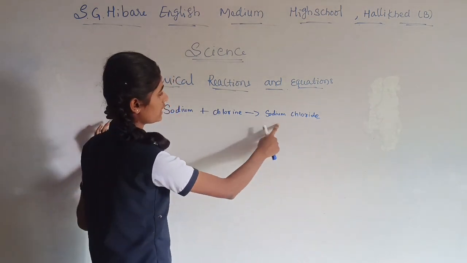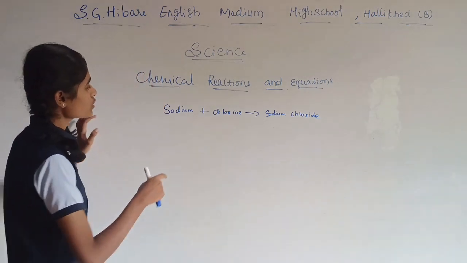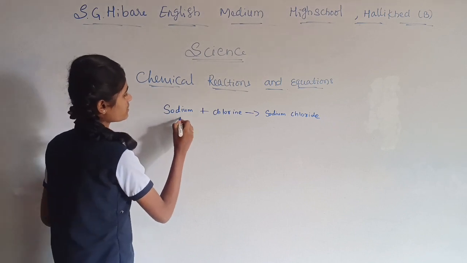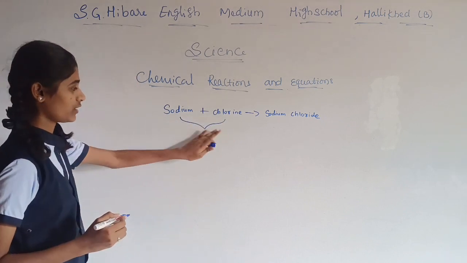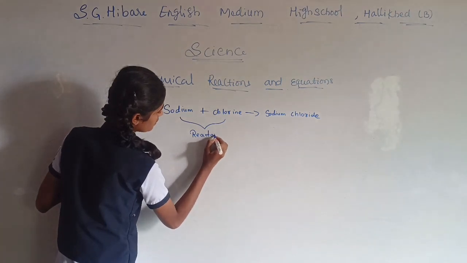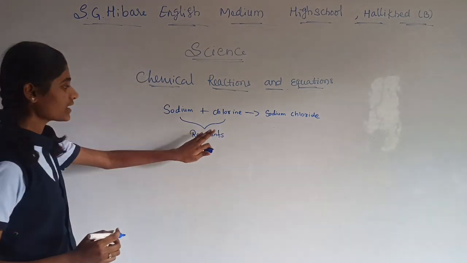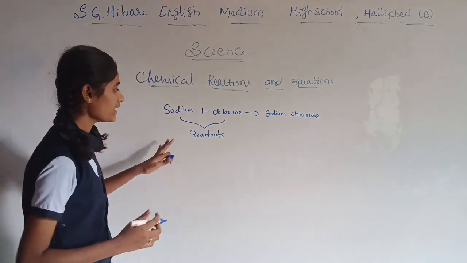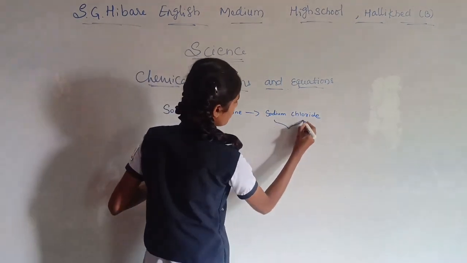What substances are reacting? These two substances are reacting here, sodium and chlorine. These are called reactants because they are reacting with each other, and the substance forming on the right hand side is the product.